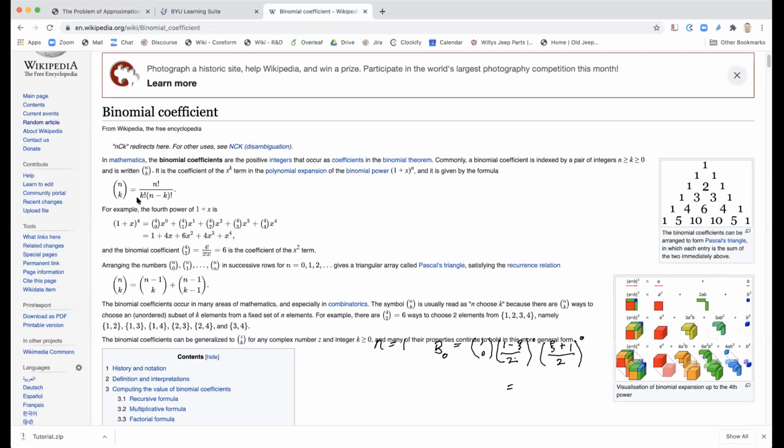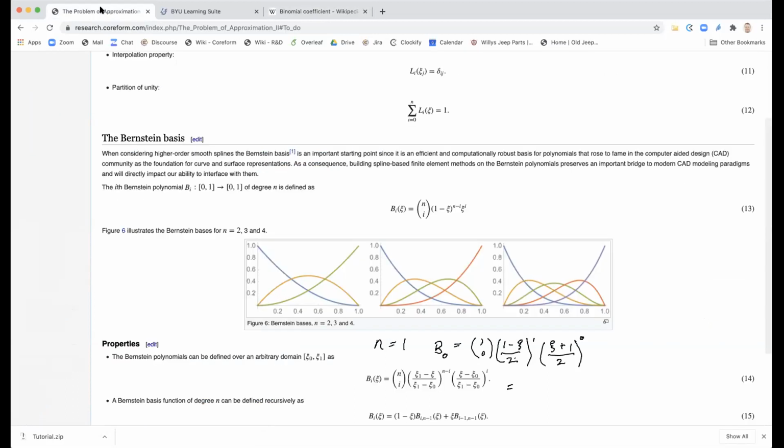So 0 factorial is what? 1. And then 1. So it's just 1, right, for this guy. Okay. All right, so then this is 1. So how did you get the C1 is 1 and the C0 is -1?